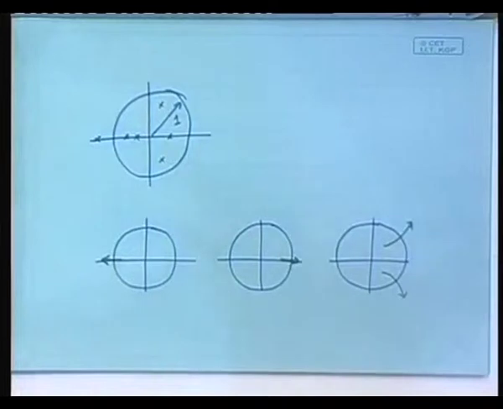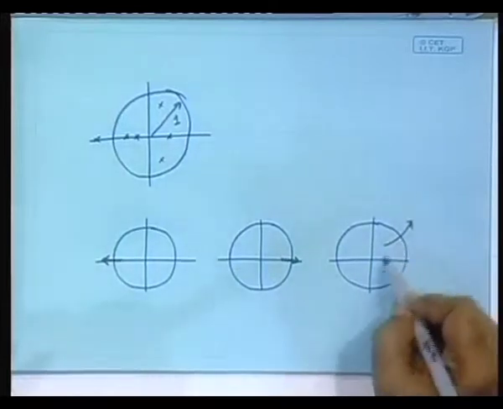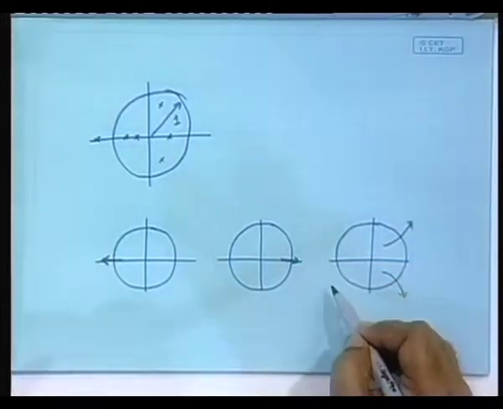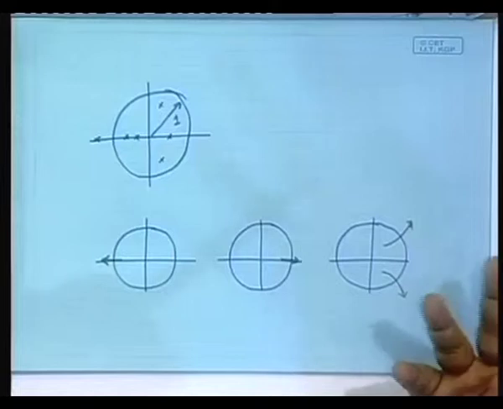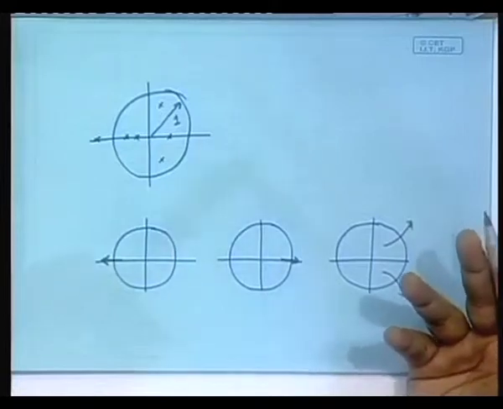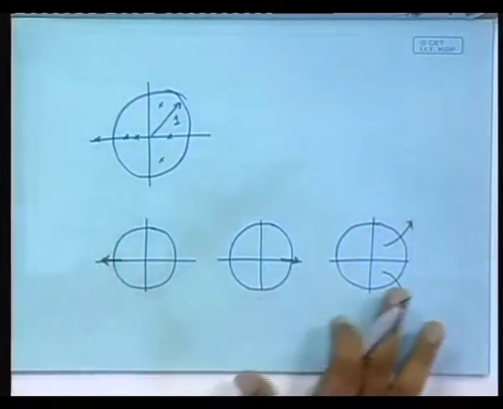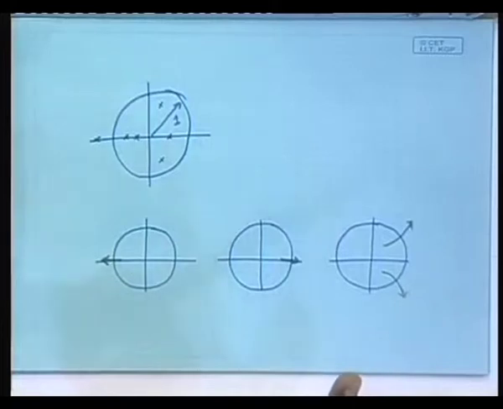These are the three possibilities. Okay, fundamentally different possibilities. Obviously, it could go this way and could go this way also. There is no fundamental difference between them. That is why these are the fundamentally different ways in which a fixed point can lose stability.